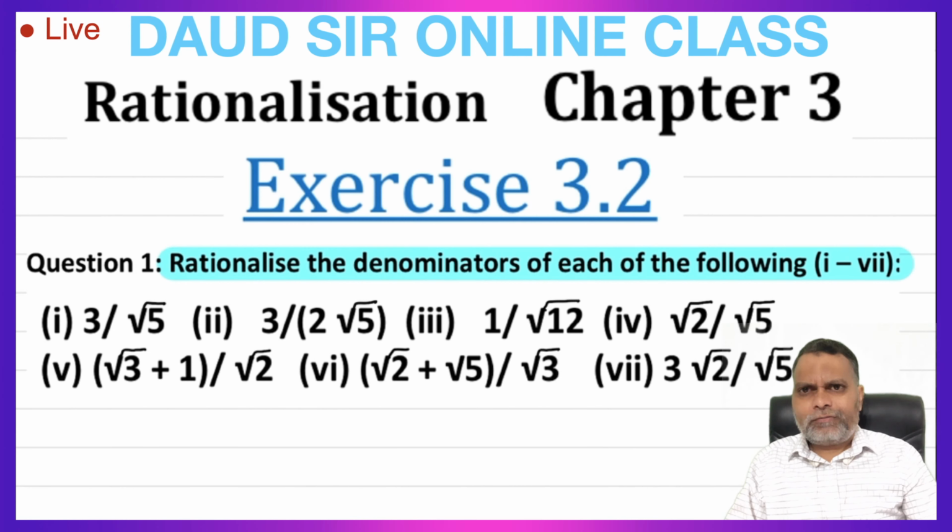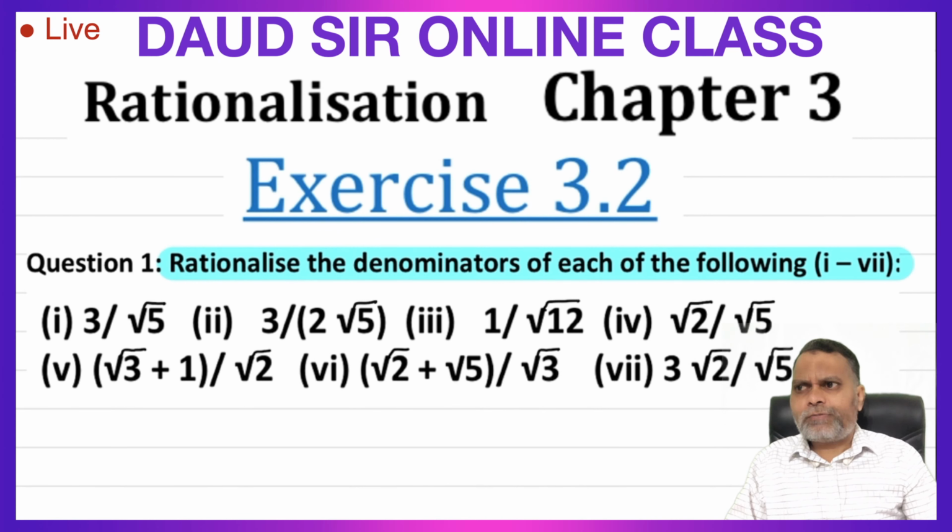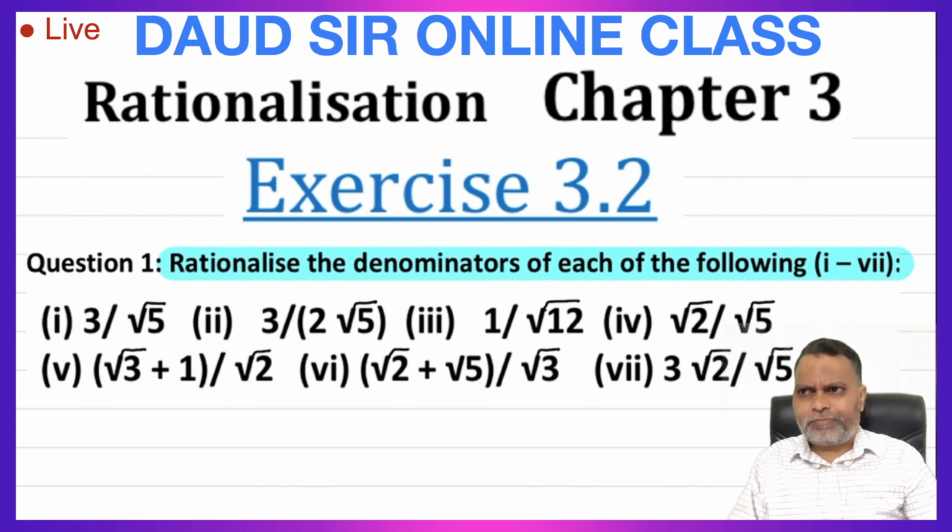In this question, from part 1 to 7, in all these parts we have to rationalize the denominator. How can we rationalize the denominator? For rationalizing the denominator, if a single term is there and this term is under the root sign, we multiply and divide by the same under root quantity.